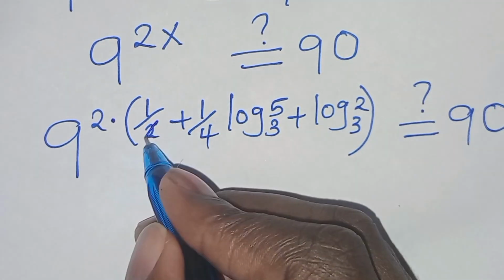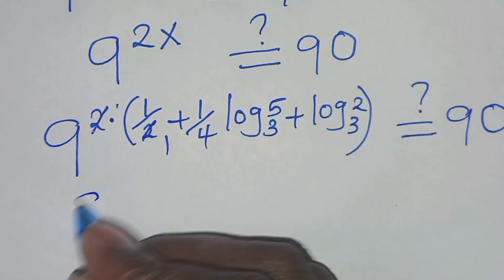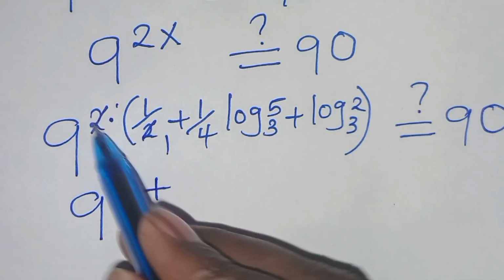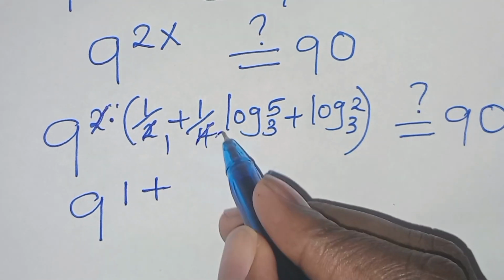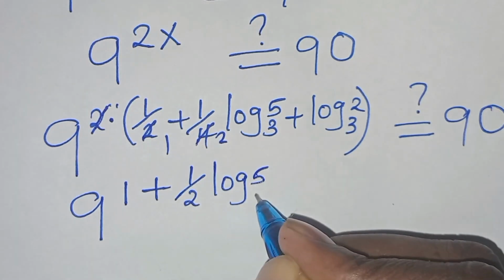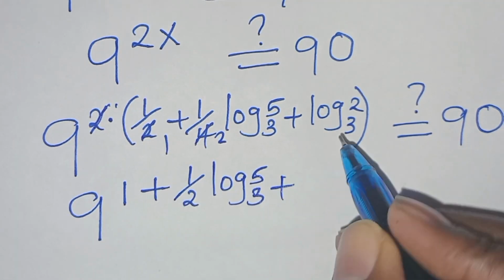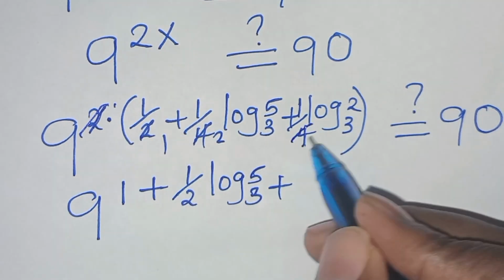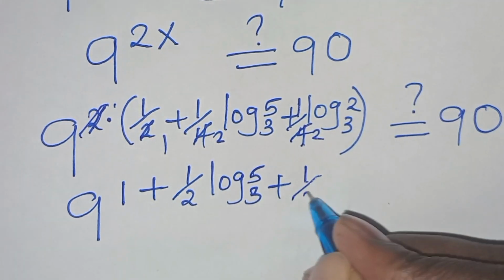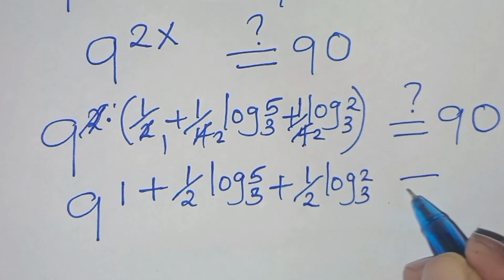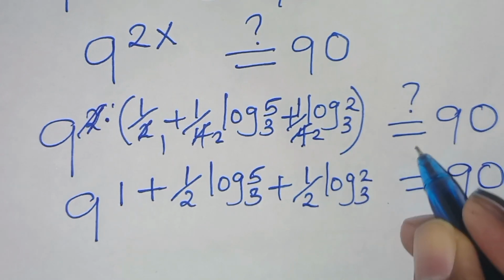We can simplify 2 and 2 here, so we have 9 to the power 1 plus half log 5 to base 3, plus half log 2 to base 3. This is supposed to give us a value of 90.